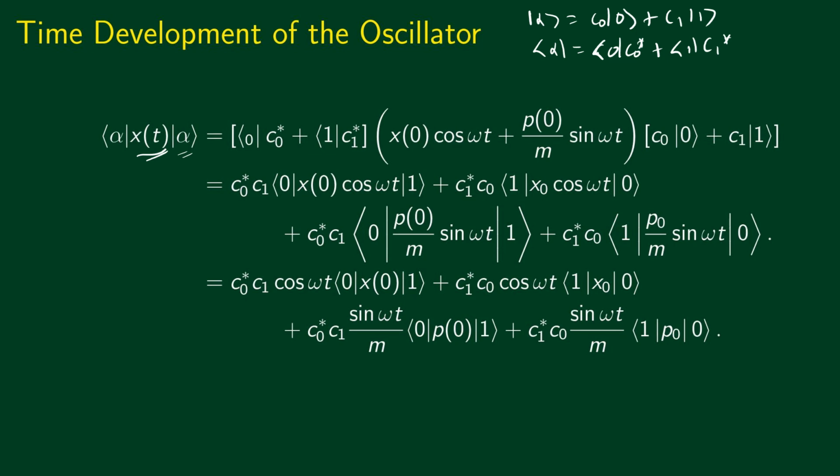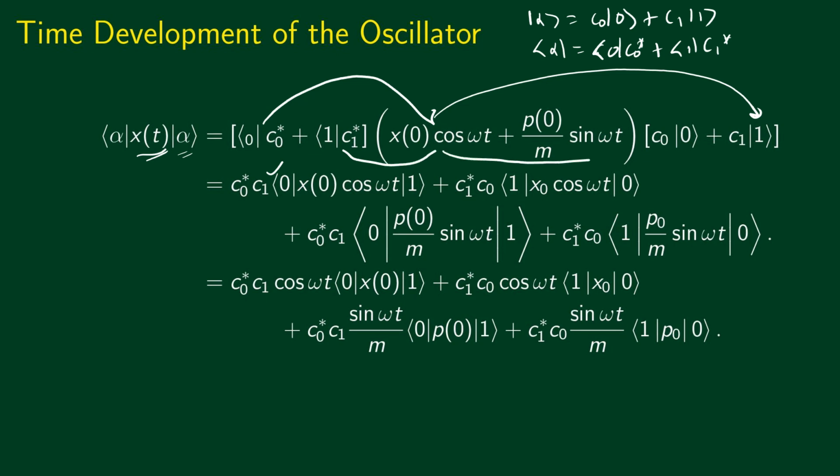Let's write down the non-zero terms alone, and we get 4 non-zero terms. There is bra 0, x of 0, cos omega t, involving C1 ket 1. That's the first term here. Then we also have a term from here, bra 1 C1 star x of 0 cos omega t and C0 ket 0. So these are the two terms written here.